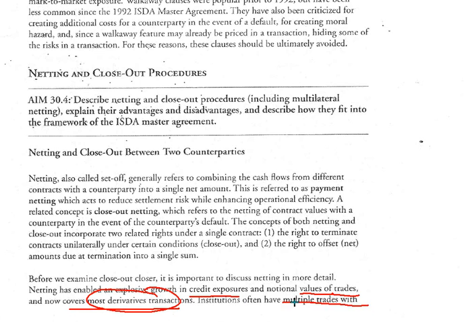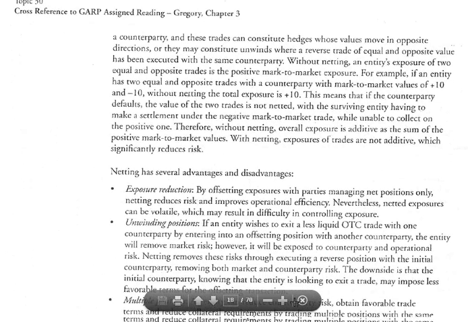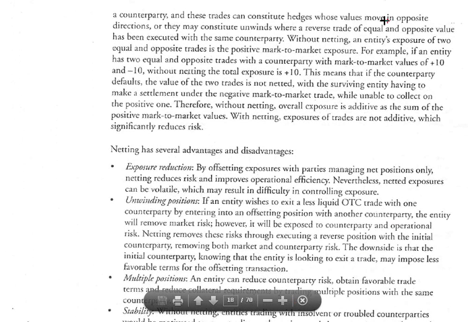Institutions often have multiple trades with a counterparty, and these trades can constitute hedges whose values move in opposite directions. Or they may constitute unwinds, where you are doing a reverse trade which is equal to the opposite value. Right? Without netting, an entity's exposure on two equal and opposite trades is a positive mark to market exposure.